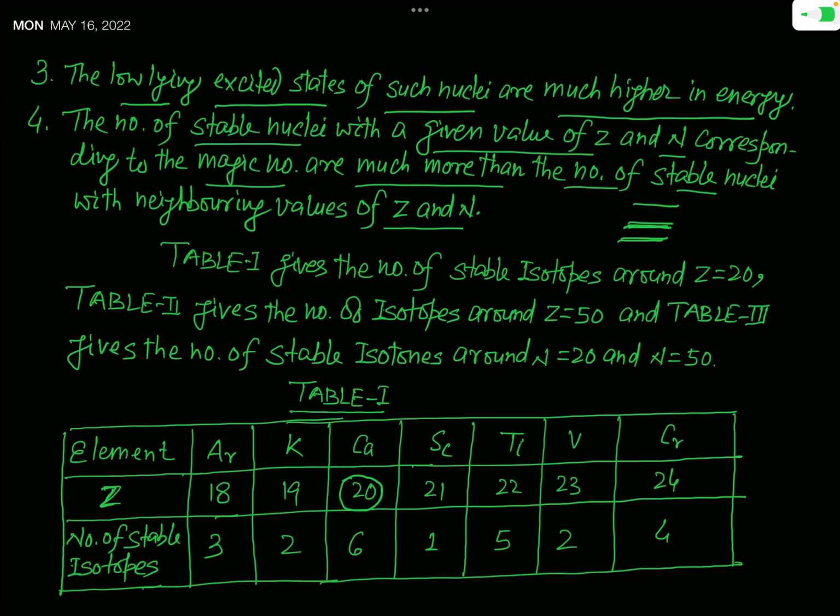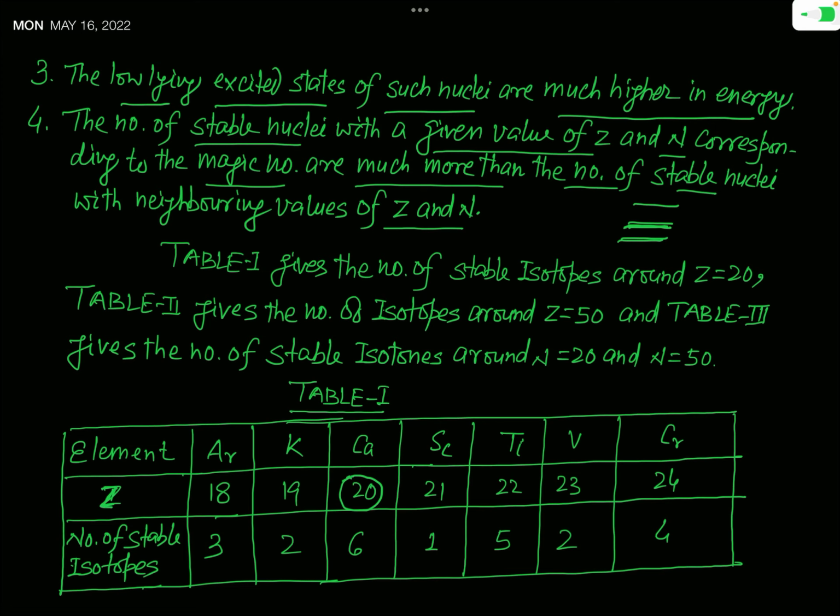In this table I have written the value of Z, the number of protons, for some nuclei, and the total number of stable isotopes for each nucleus.